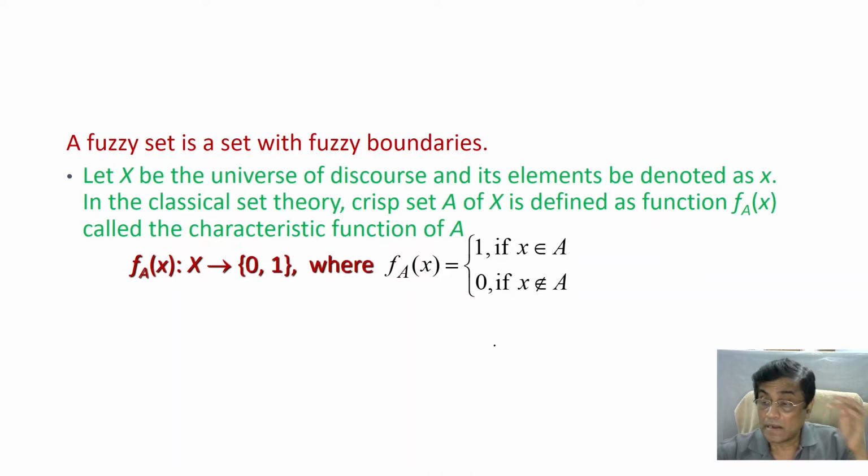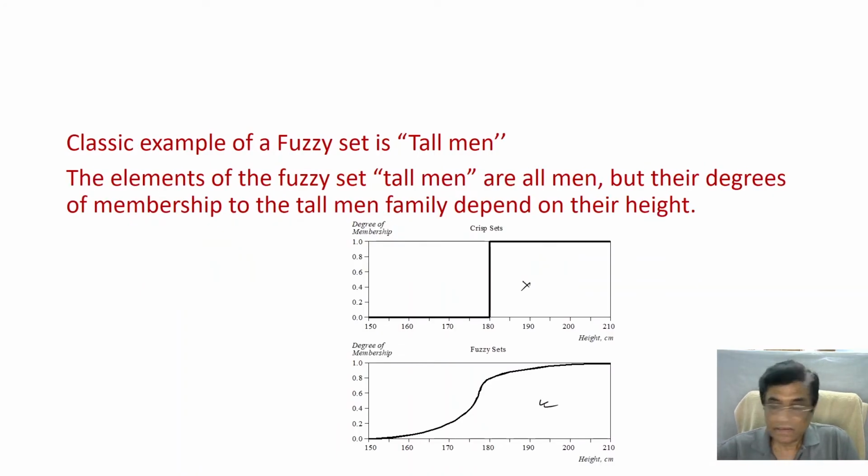Now, how to capture that information which I told you earlier? To capture that information, we can construct a fuzzy set. What is a fuzzy set? A fuzzy set has some boundary, that is 150 centimeters to 210 centimeters.